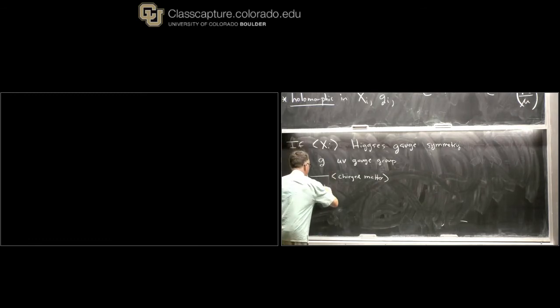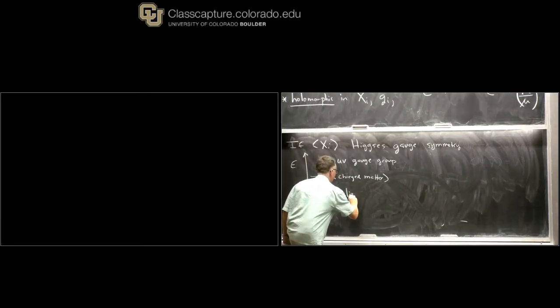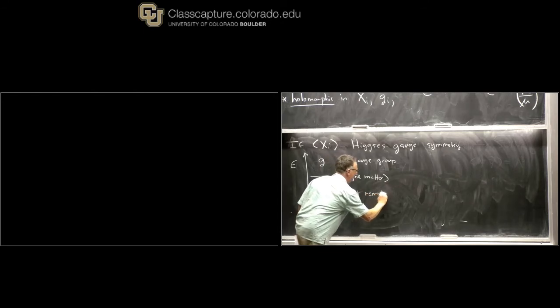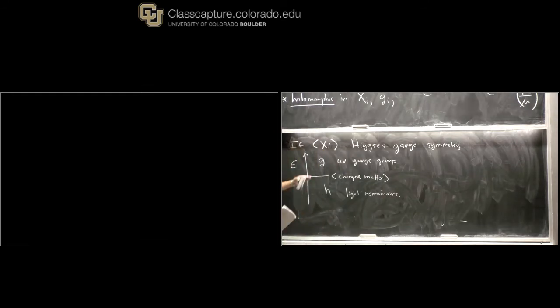There might be something left over that could be some other subgroup that we could call H. So these are some light fields, remainders. And then what you find when you look at the behavior of the beta function is that if the theory is asymptotically free, this low energy theory is more weakly coupled than the original theory.